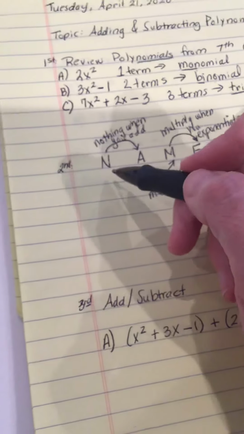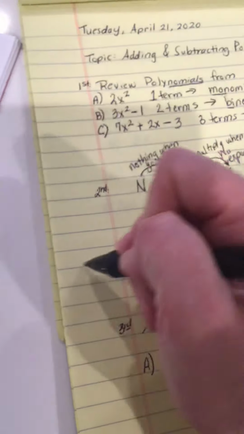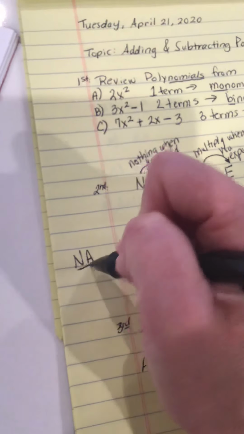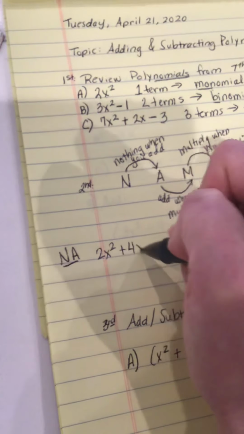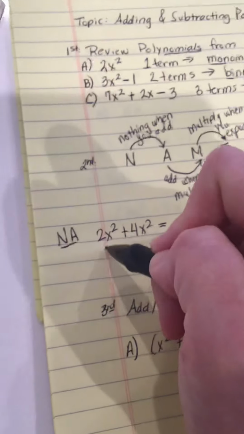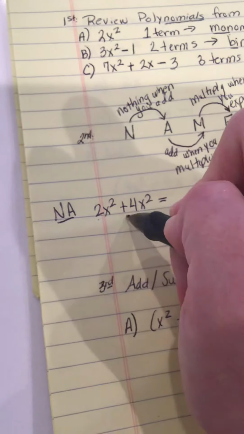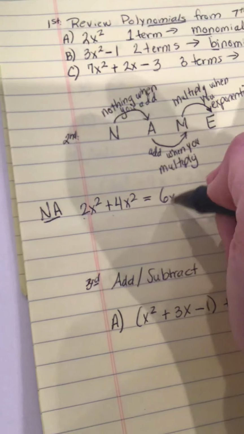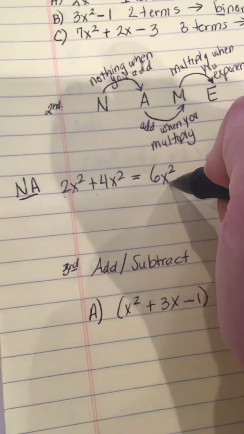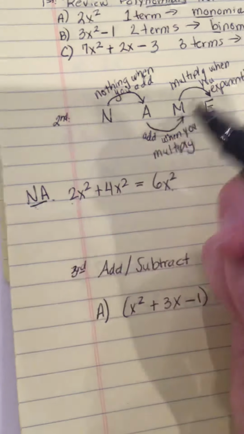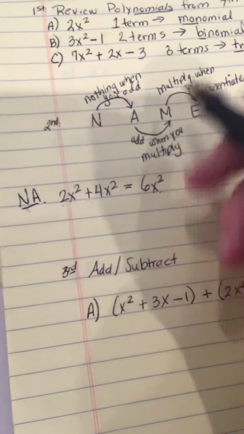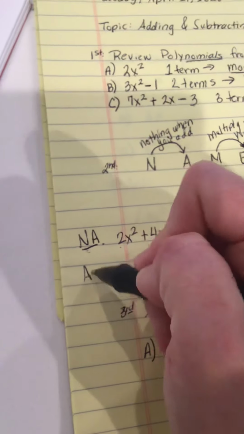So let me show you an example of nothing when you add. So we'll do NA, nothing when you add. If I had 2x squared plus 4x squared equals, you just add the 2 plus the 4, and you get 6. But you do nothing to the exponent. It would just be 6x squared. So nothing when you add. You add when you multiply. So I'll go AM here.